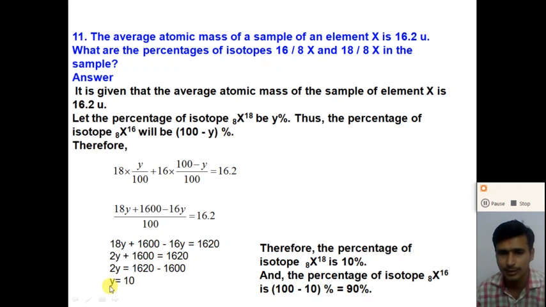From that we get Y is equal to 10. So the percentage of the isotope X-8-18 is 10 percent, and 100 minus 10 gives 90. So the percentage of the isotope X-8-16 is 90 percent.